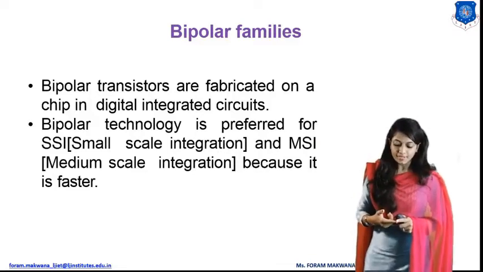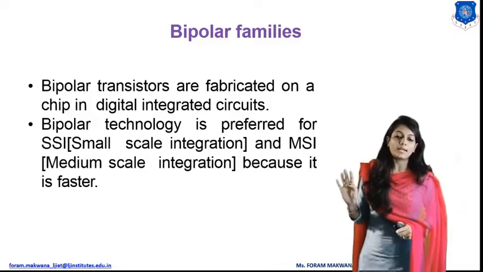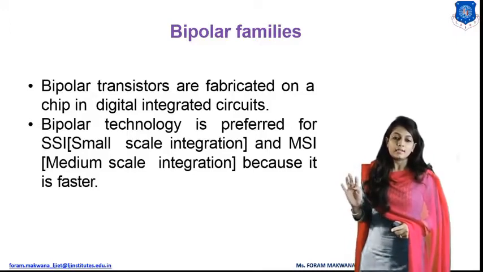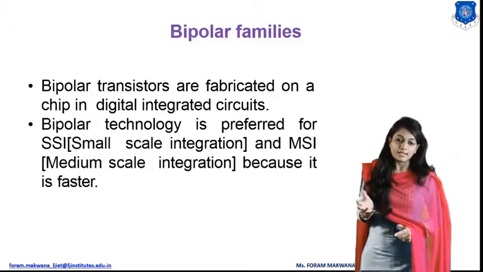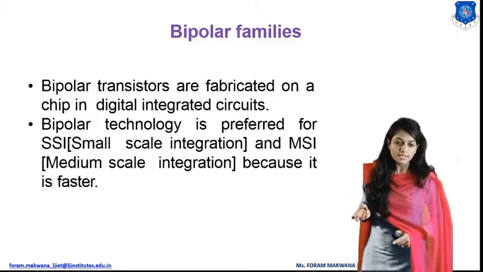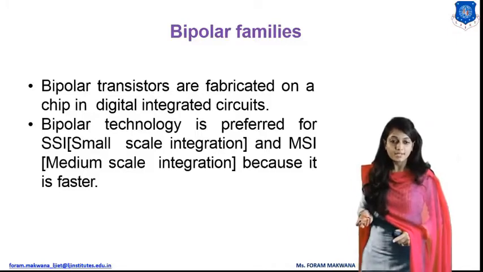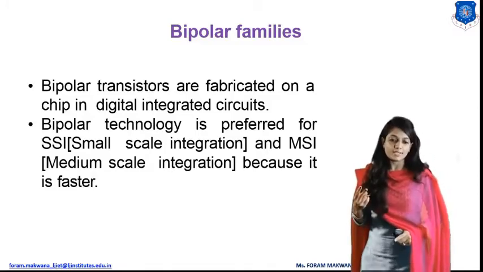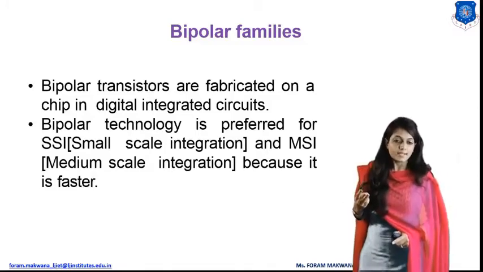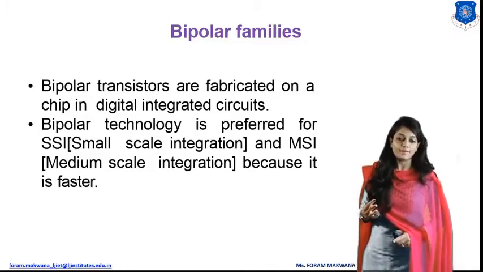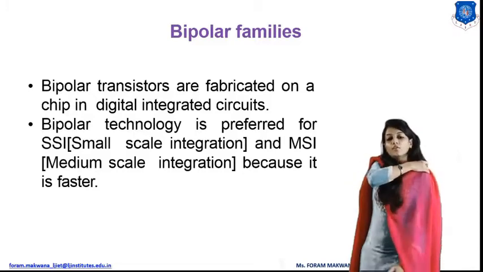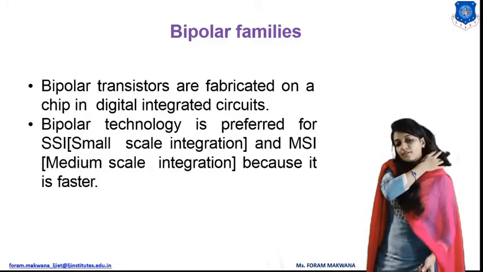First of all, there are a total of 4 types of logical IC scaling: small scale integration, medium scale integration, large scale integration, and very large scale integration, that is SSI, MSI, LSI, and VLSI. So this bipolar technology is preferred for small scale integration, right?